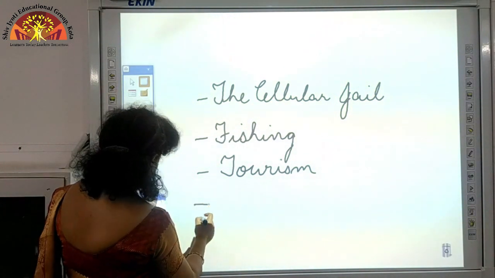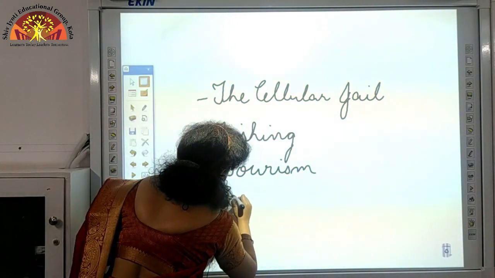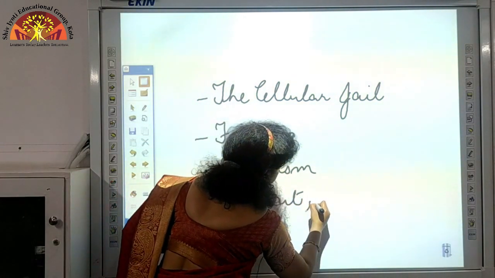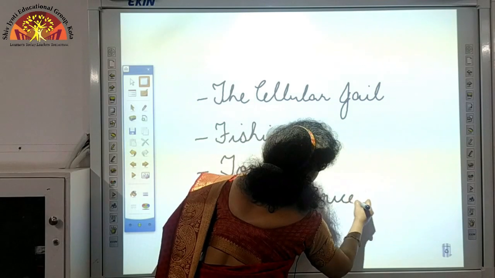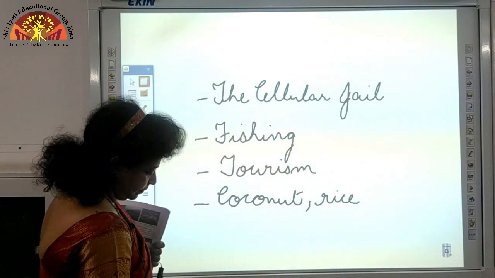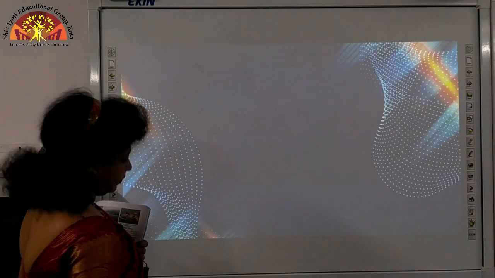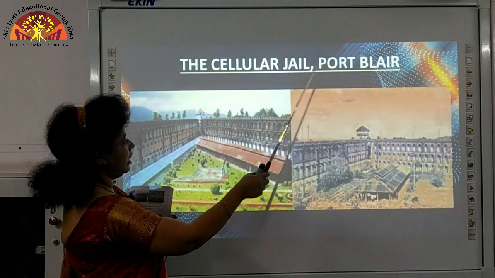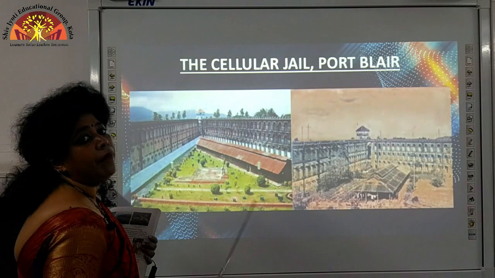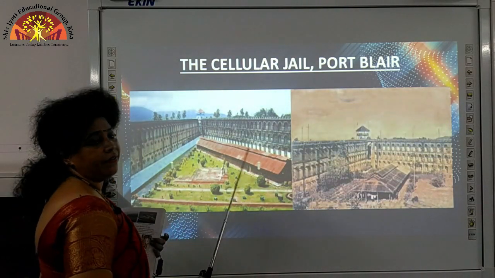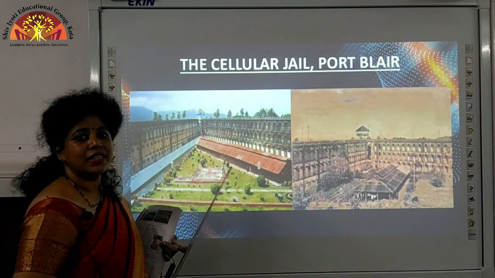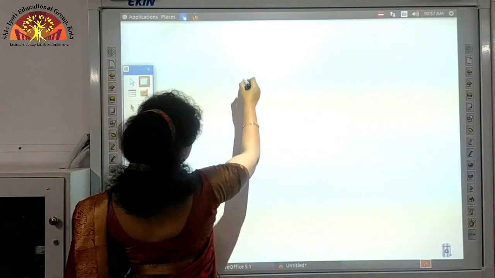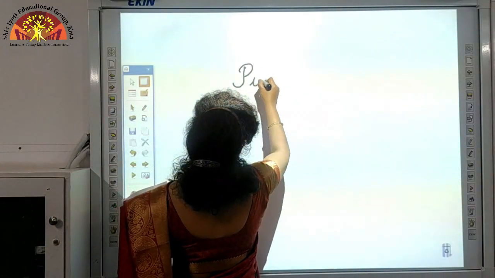The main crops here are coconut and rice. So, this is the cellular jail in Port Blair, where many of our Indian freedom fighters were imprisoned by the British. Okay, let us now come to the next state, that is Puducherry.